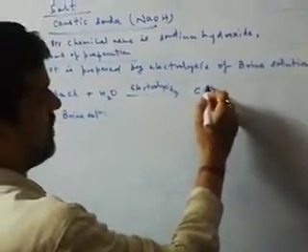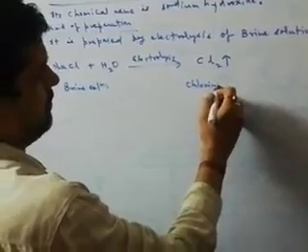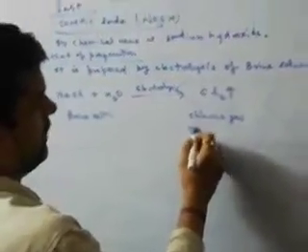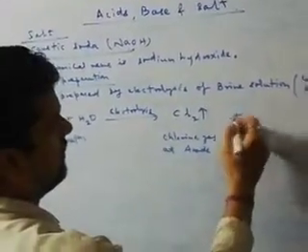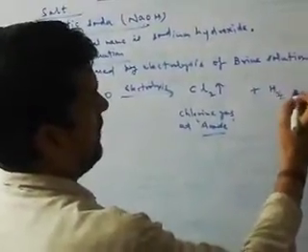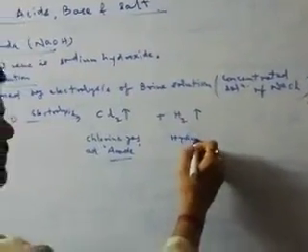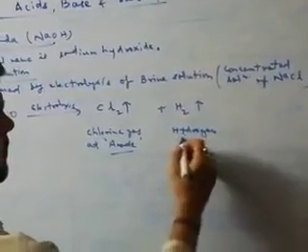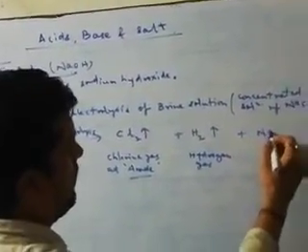Chlorine gas is released at the anode, and at the cathode, hydrogen gas and sodium hydroxide.